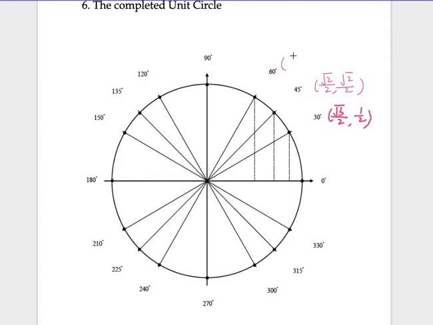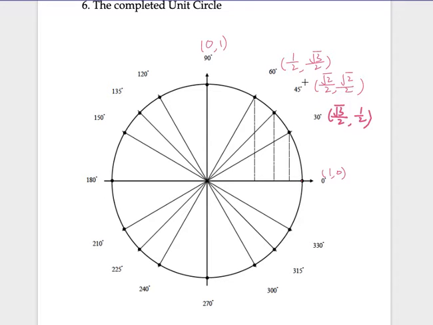And this, changing the position, is 1 over 2. And this is radical 3 over 2. So these are the coordinates of these special three angles here. Also we know 0 degrees is (1, 0), because this point is on the unit circle, and 90 degrees is (0, 1).